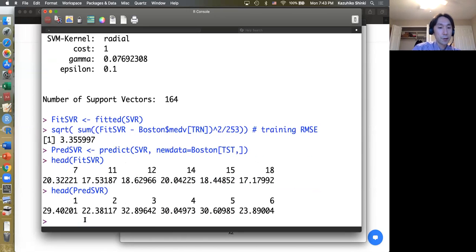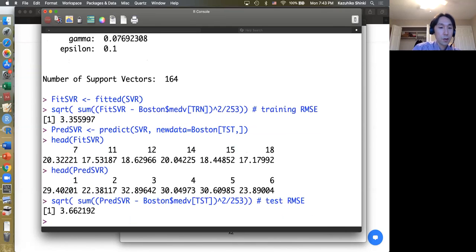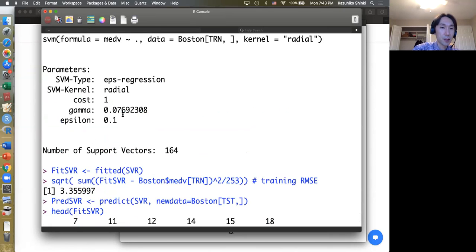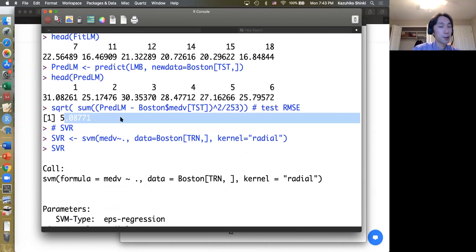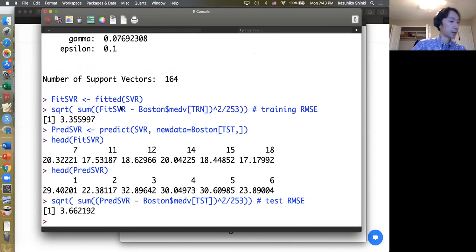So now we want to calculate this test error. Then 3.66. So certainly it gets worse than this one, but actually still it's pretty good. 3.66 is much better than this 5.08. So you can see the support vector machine can improve even without tuning hyperparameters.